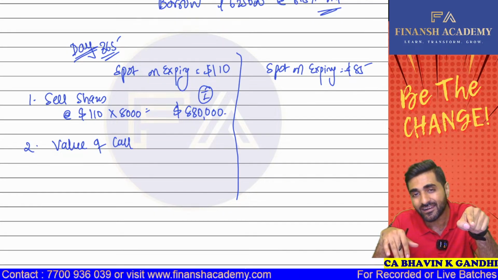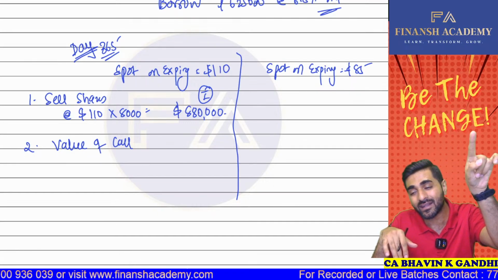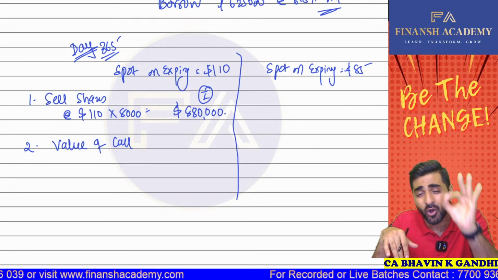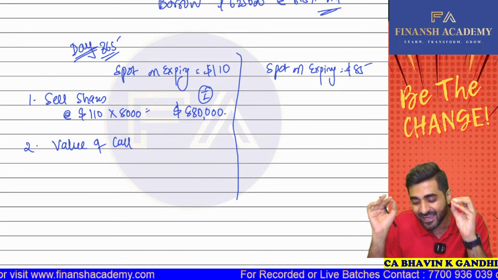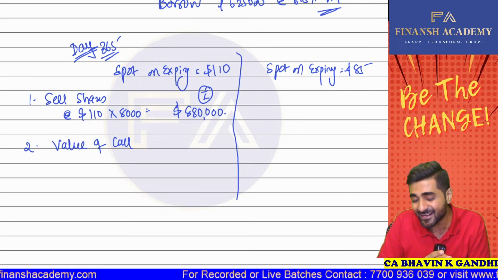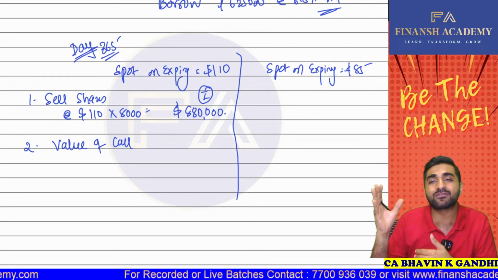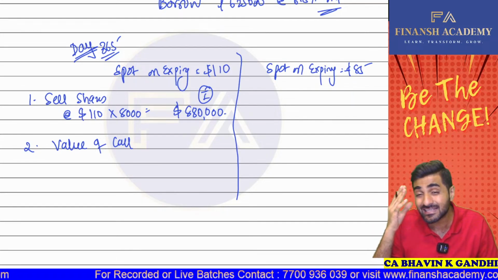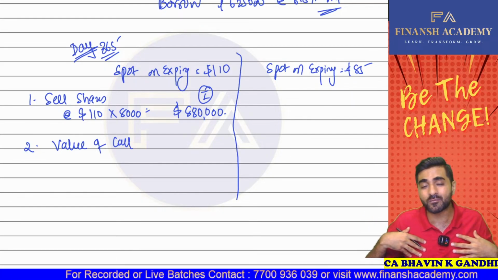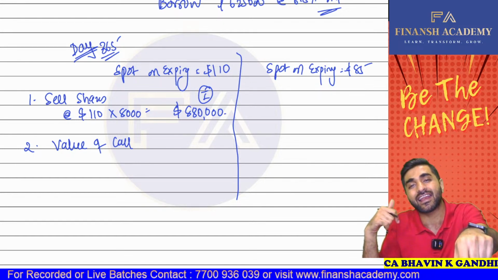So when we are selling the call and the value of call is $20, is it a profit for you or a loss for you? Then the answer is, my dear students, it's a loss for you. Because an option writer will always bear a loss if the call is in the money. So I am the option writer, you are the option holder. You have a right to buy it at $90.